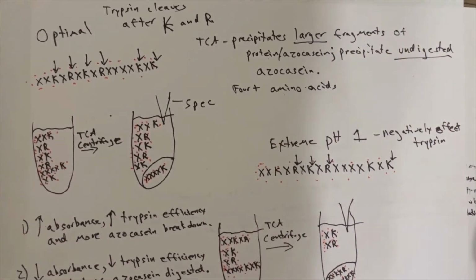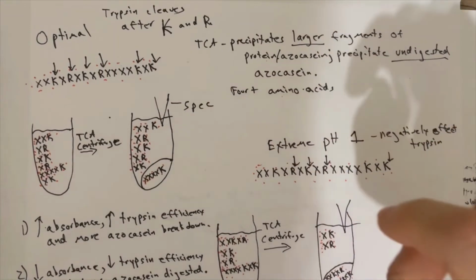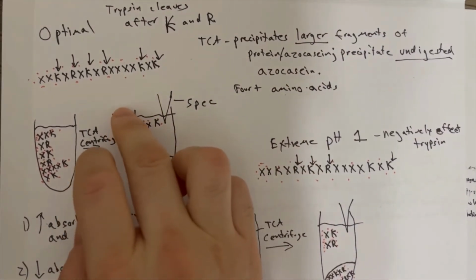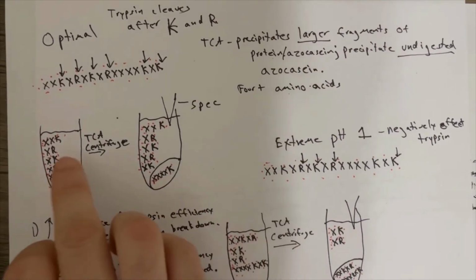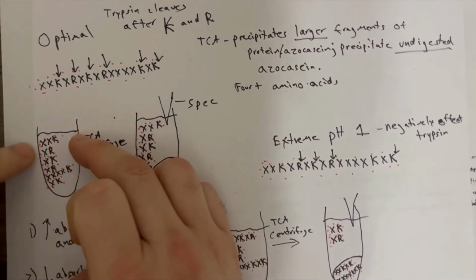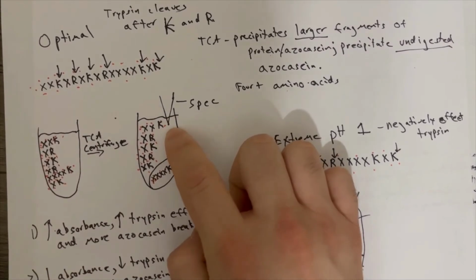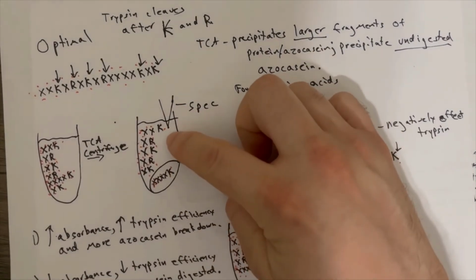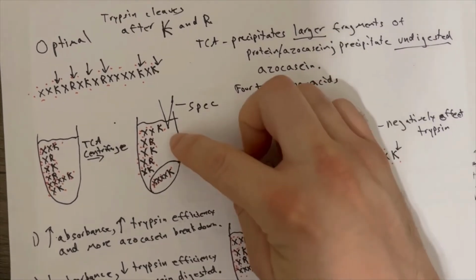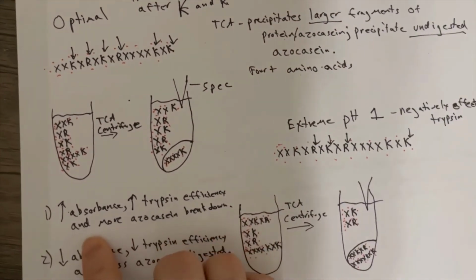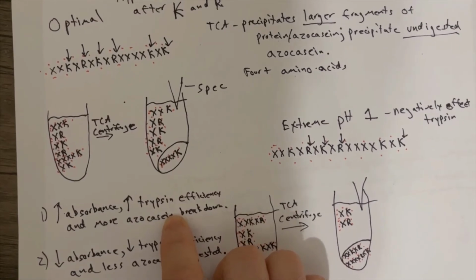If trypsin is working more efficiently, it'll result in smaller fragments being produced, which will be found in the supernatant here, with more sulfonylamide groups in the supernatant. That'll then lead to a higher absorbance, indicating higher trypsin efficiency.